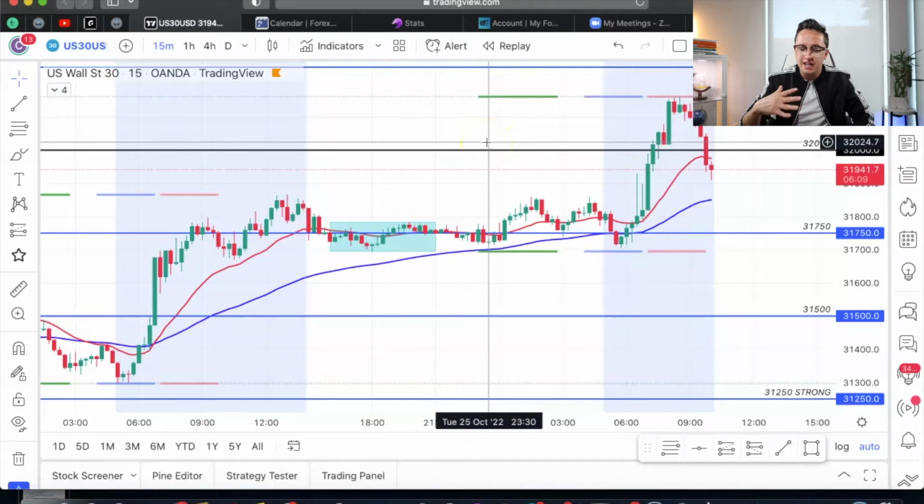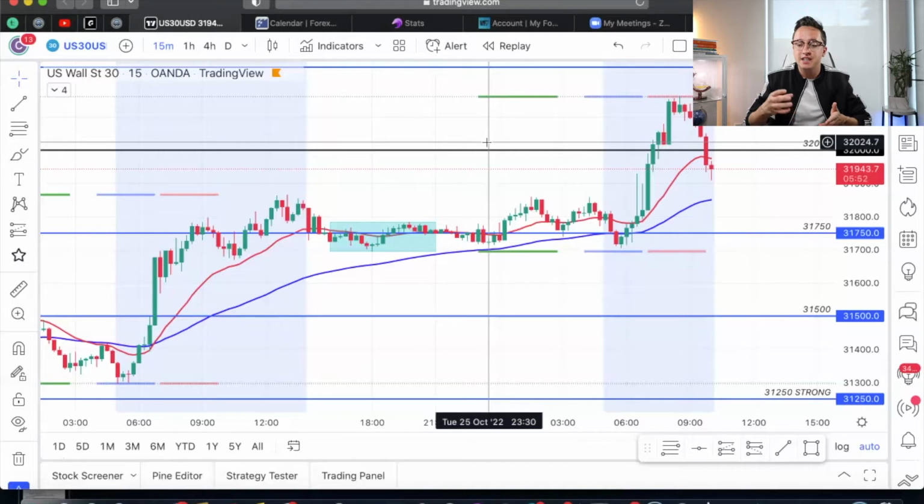Now, the next thing that we need to understand is when the equities market opens up, which US30 basically is, an equity and index fund. The index funds and all the stocks and the equities, they're moving at a specific time.